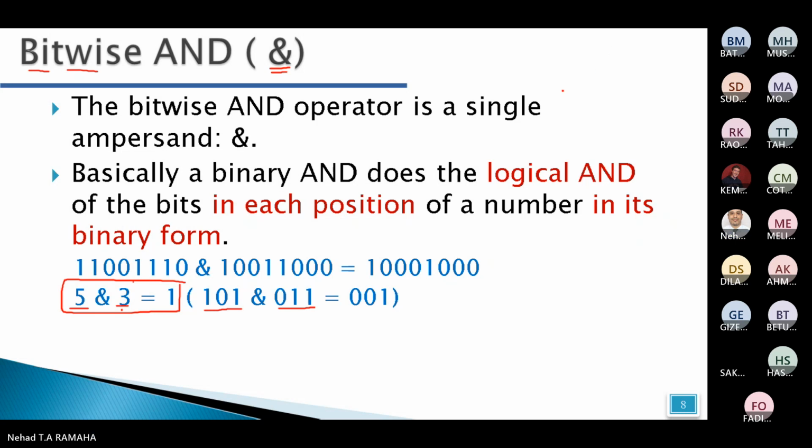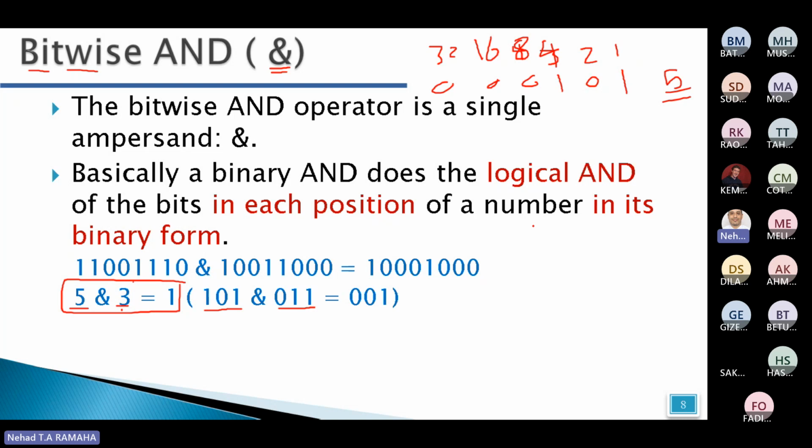We know the position system in binary: 2 to the power 0, 2 to the power 1, and so on, which is 1, 2, 4, 8, 16, 32, and so on. So if we need 5, 5 is 1 plus 4. So 1 and 4, and the remainder will be 0. This is 5.